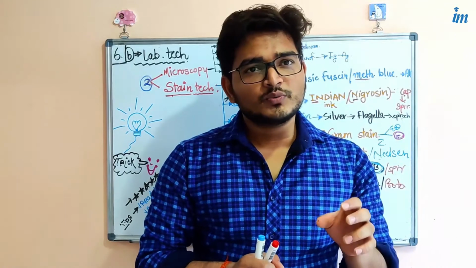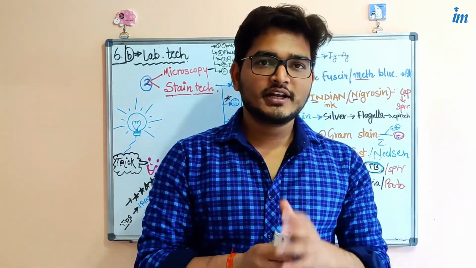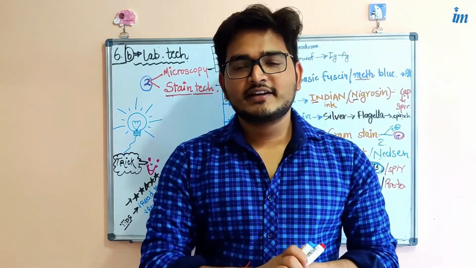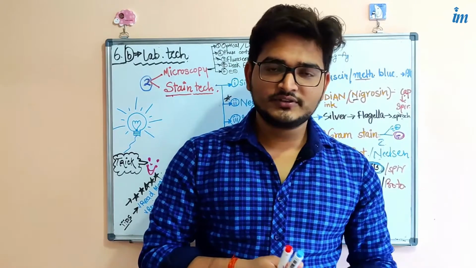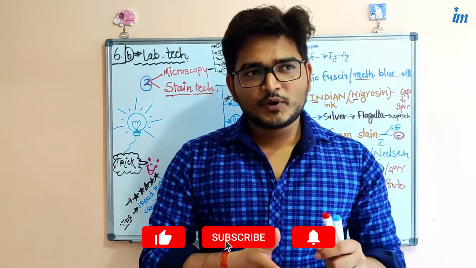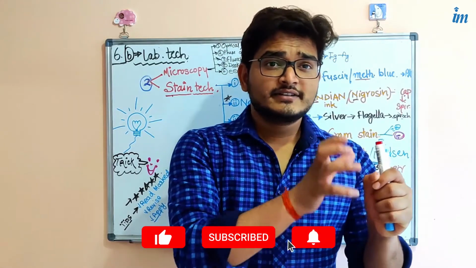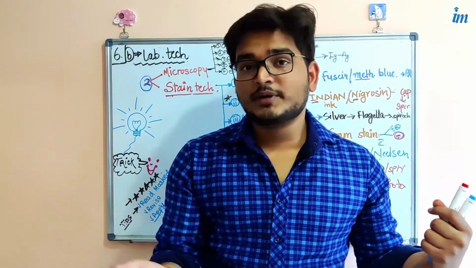So you will take that sample again, and in the laboratory you will order the differential test or differential diagnosis for that particular smear. They will do their staining process. Suppose there was bacteria, but in the differential diagnosis they found a gram negative bacteria.